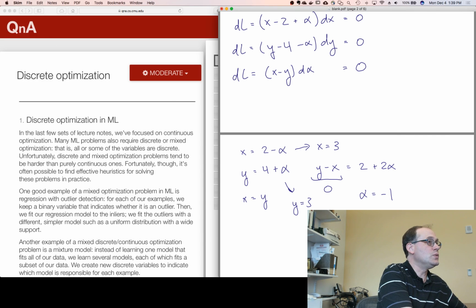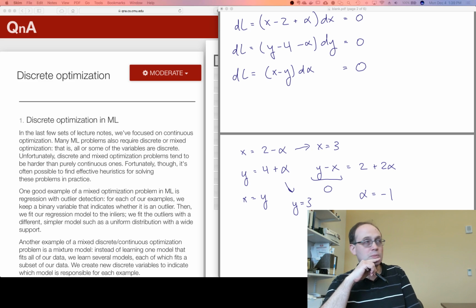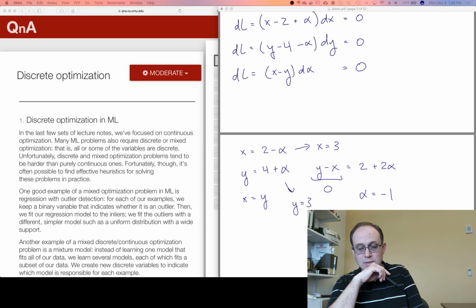That's how you would solve this simple problem. We've got a question on Piazza, which is how big should we let the Lagrange multiplier value be?